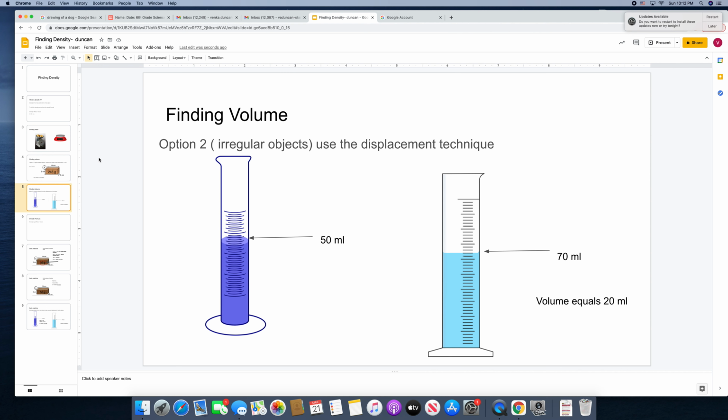If you notice here in cylinder 1, our graduated cylinder is at 50 milliliters before we dropped anything inside of it. Then, once we drop our rock inside, the liquid in the graduated cylinder is going to move to 70 milliliters. How much water was displaced by the rock? That would equal 20 milliliters. So that would be your volume for your irregular shaped object.